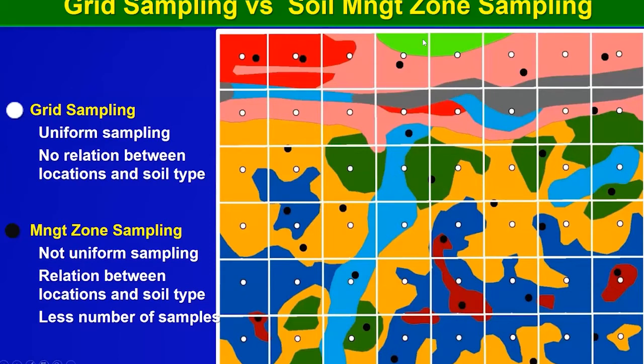We mentioned that with grid sampling, we will have a larger number of soil samples. We are not informed; it's kind of blind sampling, because we are locked into the grid and we don't know which part of that grid has what type of soil.